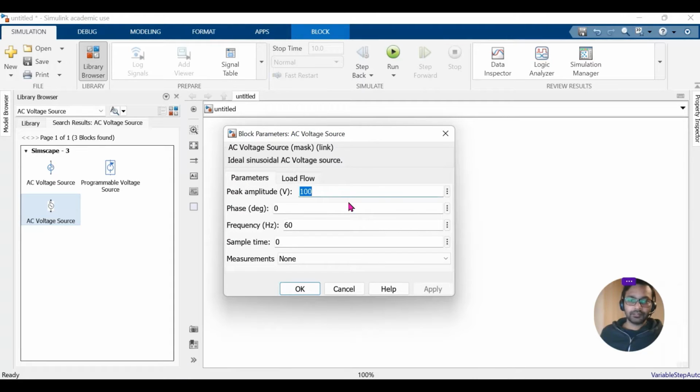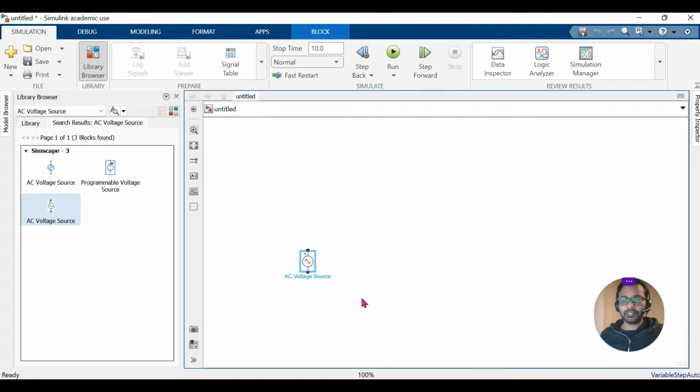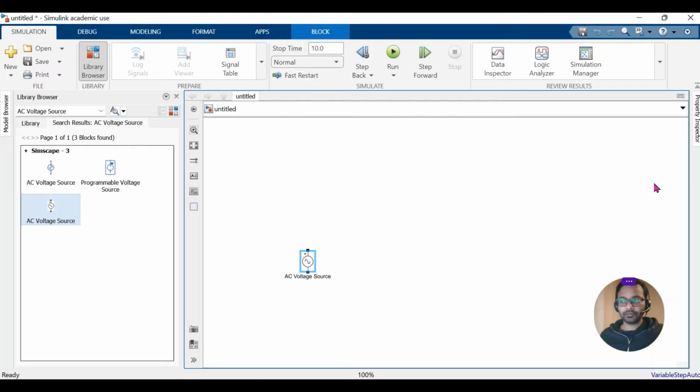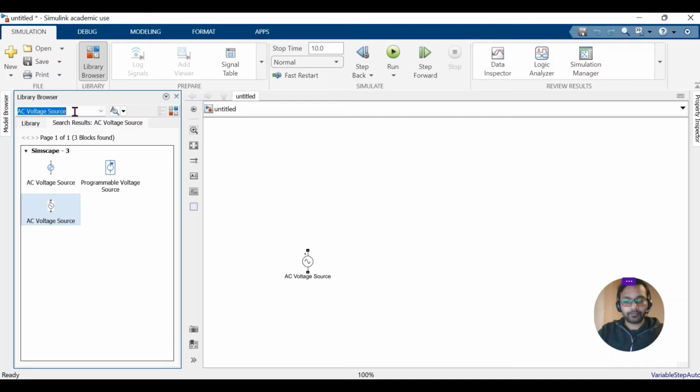The peak value is given as 100 volts, so we don't need to change the value, but the supply frequency is 50 Hertz. So I can change that, and I can turn on the block names. And then I will need 4 thyristors.